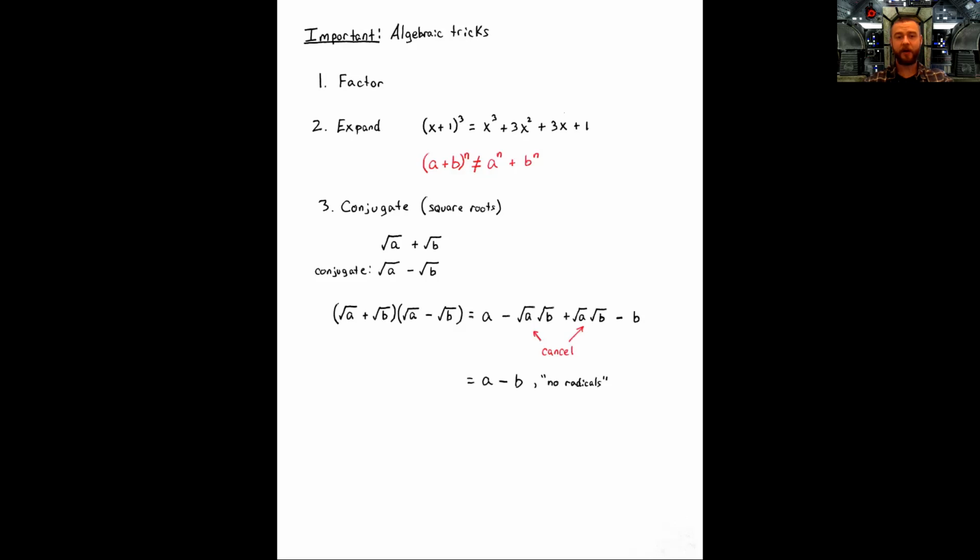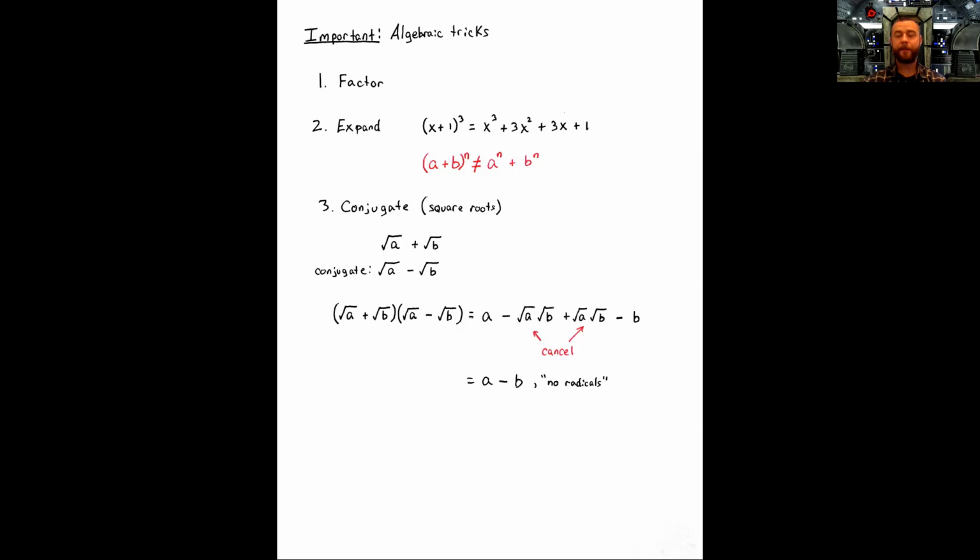But what you're left with now is square root of b times negative square root of b. Now, a square root times itself cancels out. Here, square root of b times square root of b cancels to b, but multiplying the signs, a positive times a negative, gives a negative. So our simplified answer that has no radicals left in it is a minus b.